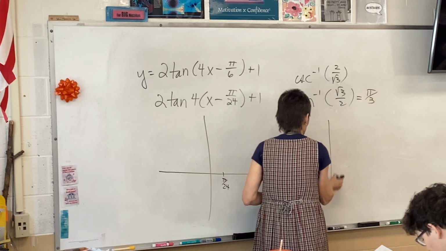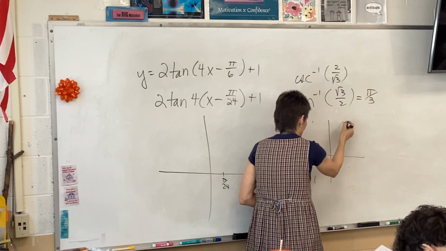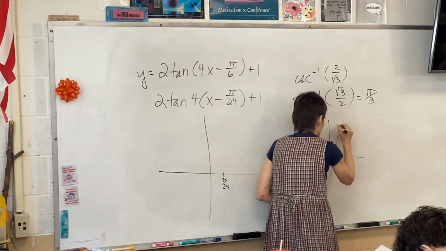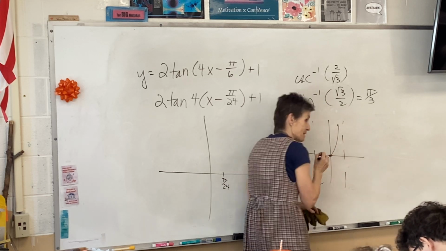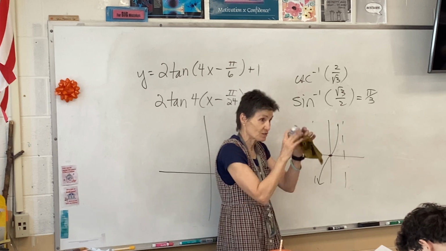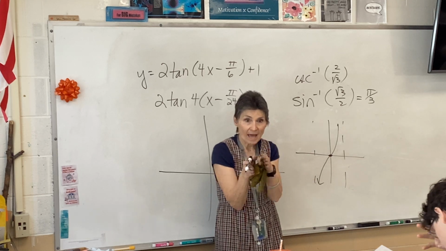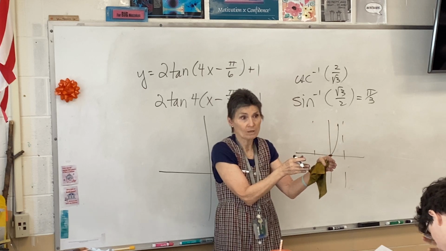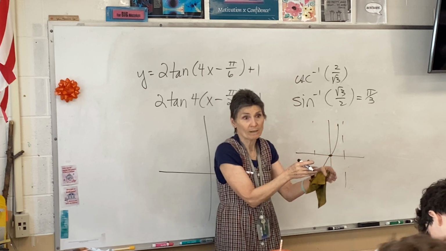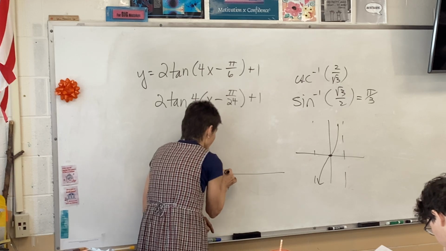Remember, in a regular tangent, the origin, the beginning of everything, 0, is a dot. That is now shifted over to pi over 24. So there's a dot here.